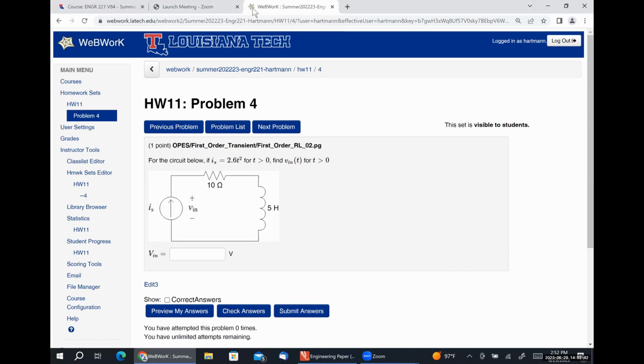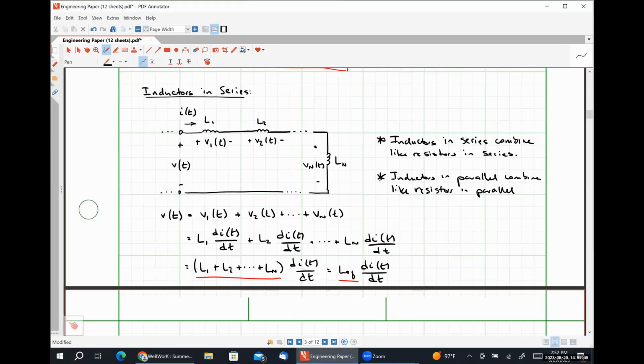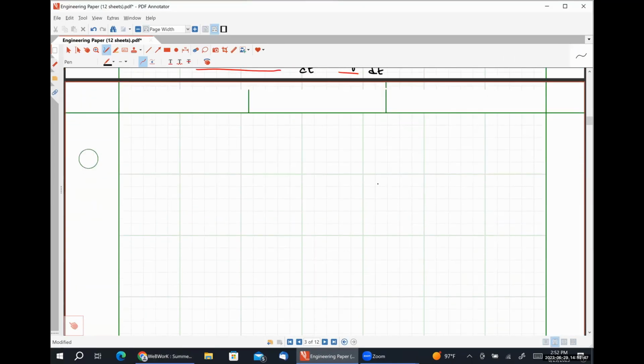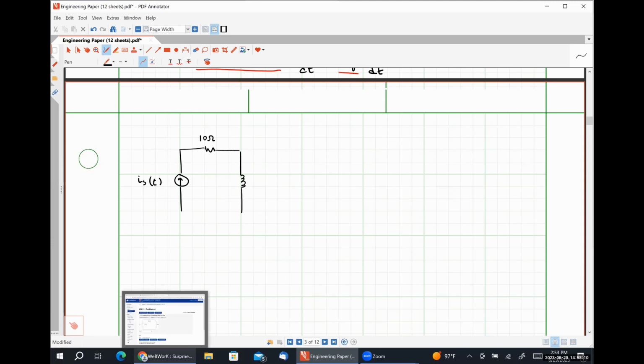So we have a simple circuit here, wherein we have some current source, and our current source is a time varying current source. Then we have a 10 ohm resistor and some number of henries of inductance. It's like 5.